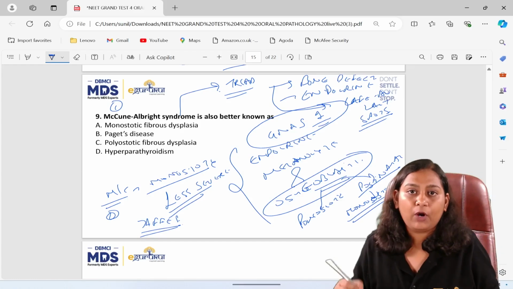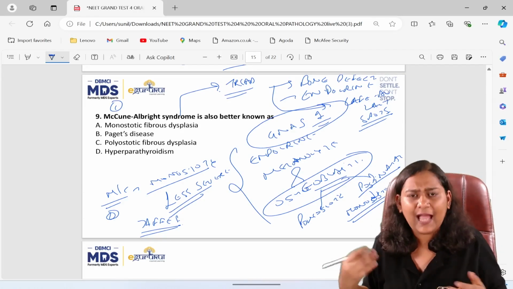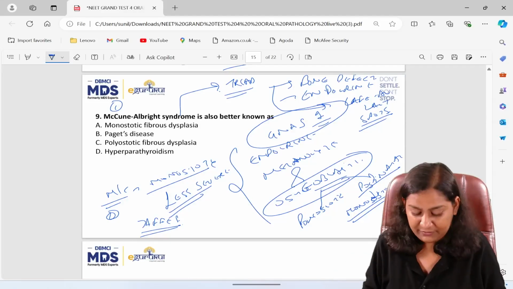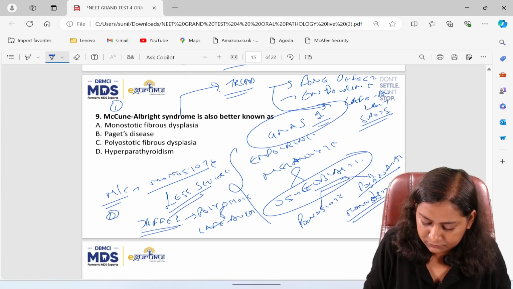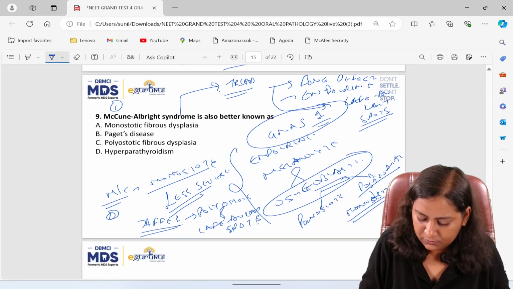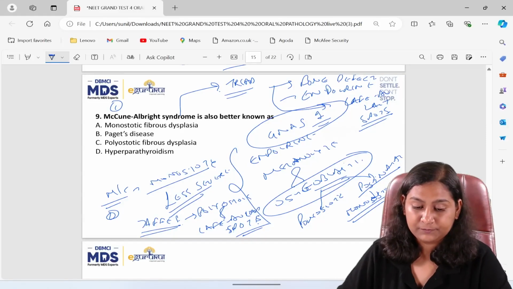It consists of polyostotic fibrous dysplasia and cafe-au-lait spots. It does not have any endocrine manifestation. Polyostotic and cafe-au-lait spots. Okay. It does not manifest any endocrine problem.